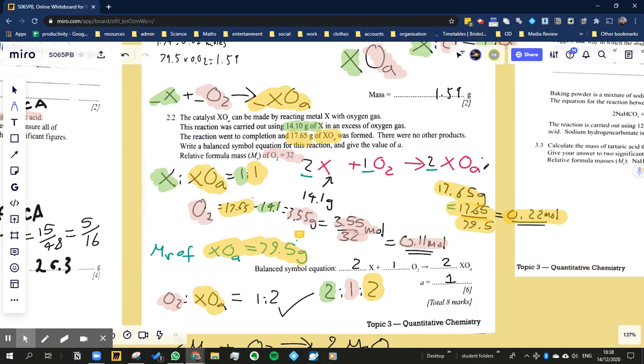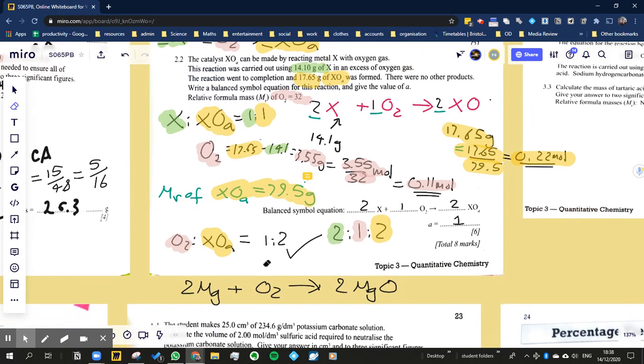That's the only way we can have a balanced equation: 2X plus O2 goes to 2XO. An example would be 2 times magnesium plus O2 goes to 2MgO. So the balanced equation is 2X plus O2 goes to 2XOA, where A is equal to 1.